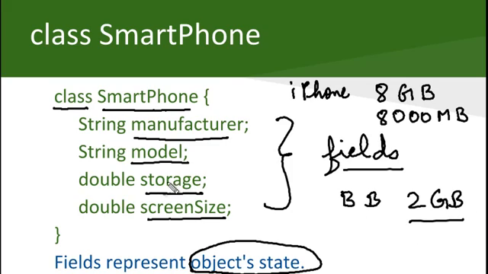So for an object BlackBerry of the smartphone, the storage might be just 2 GB, and for an object iPhone of the smartphone, the storage might be 8 GB. For our example, let us assume that we'll be taking storage in MBs. So these are basically the fields and these define the state of the object, and they will be different for each object and they will actually define what an object is.